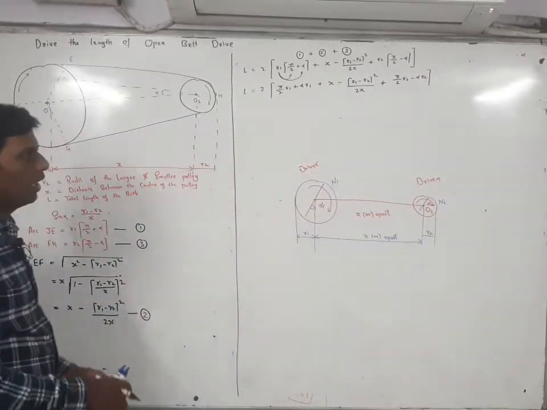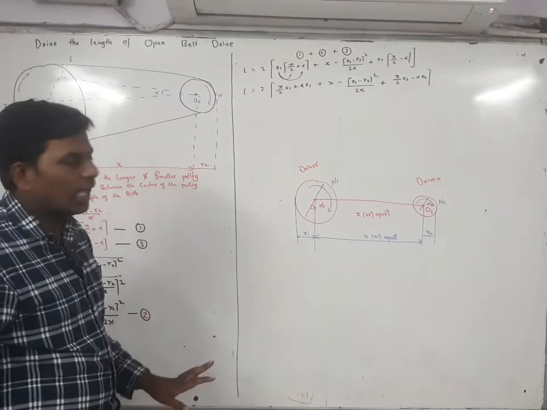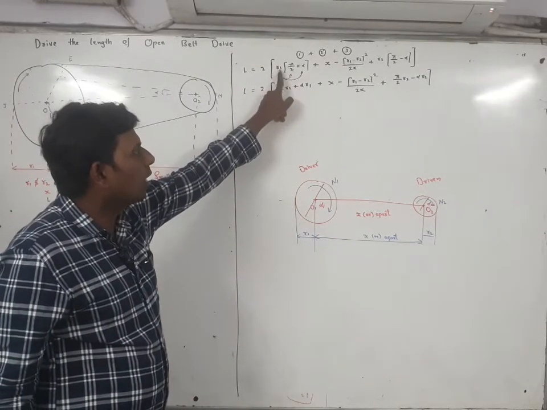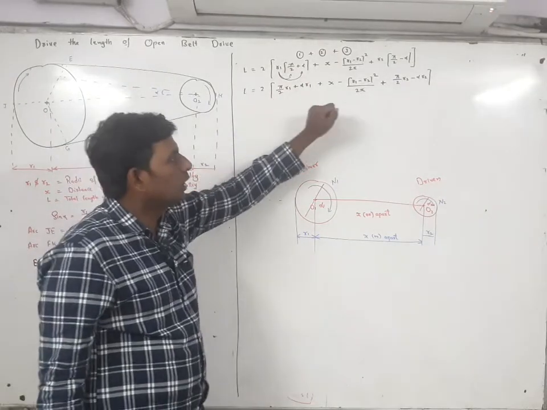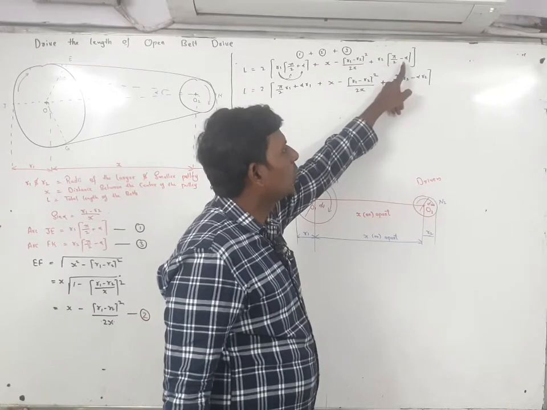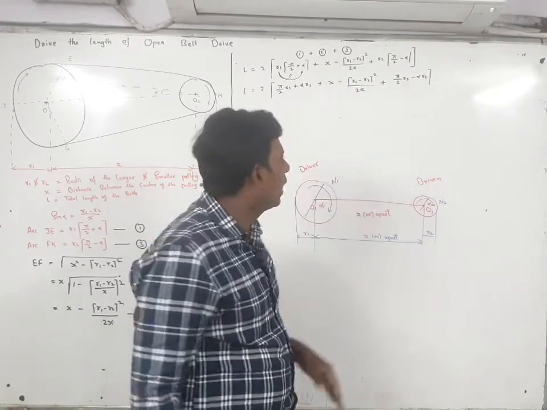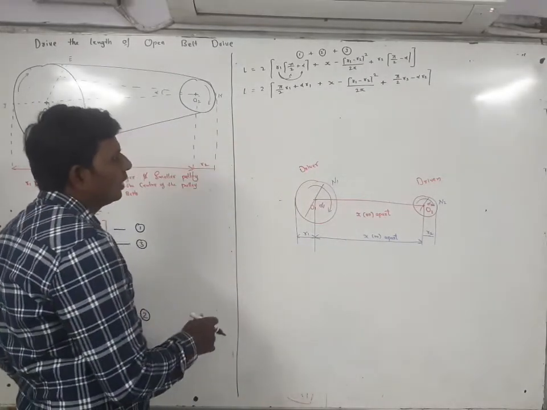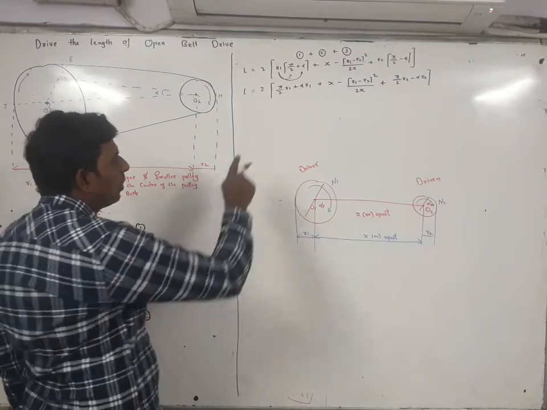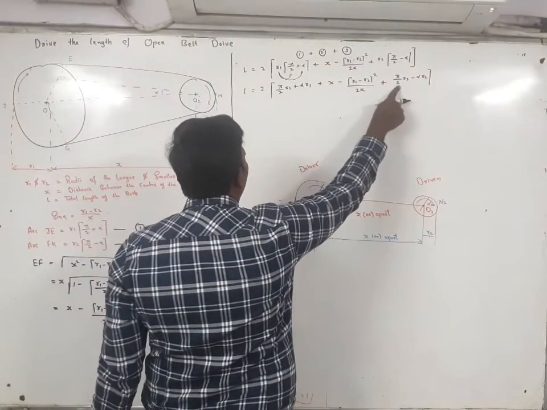The remaining terms are as they are: R1 into pi by 2, R1 into alpha, R2 into pi by 2, R2 into alpha. Then bring all terms to one side. Bring all the pi by 2 terms together.